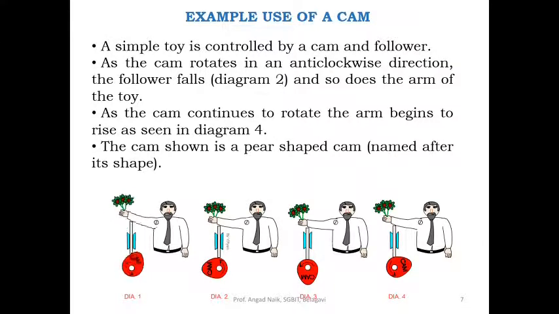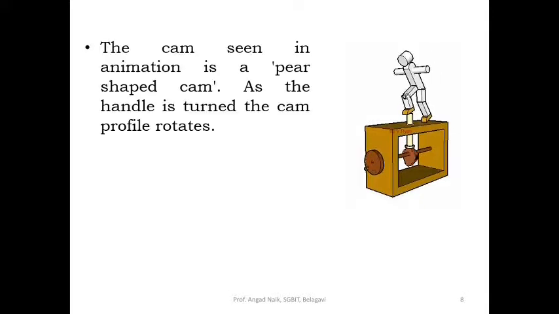We'll take another example. In this particular animation, you can see the robot is able to make a movement because of the pear-shaped cam. The cam seen in the animation is a pear-shaped cam. As the handle is turned, the handle is here.